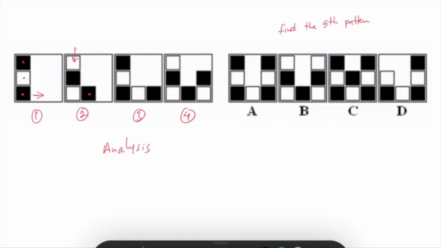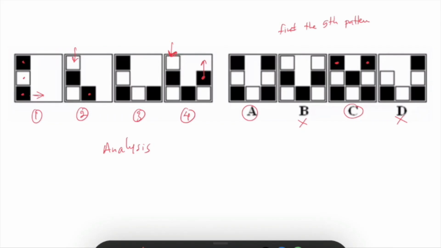After pattern 4, I expect this black square to move up and a new black square to move downwards here. So this makes me cancel B and D. I'll be left with C and A. I have here the black square and a new introduction of a black square.